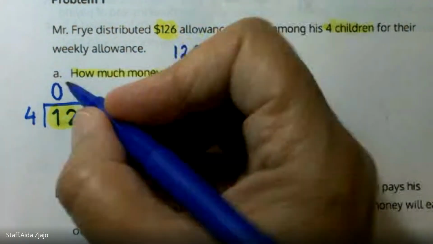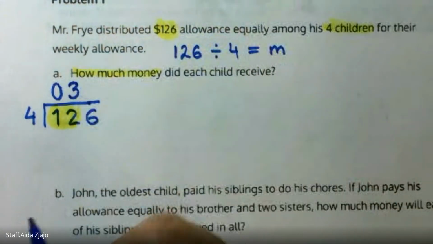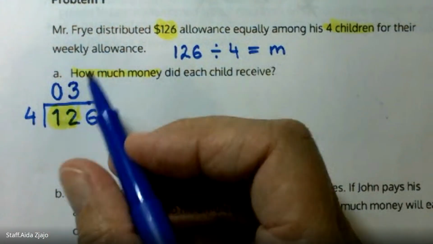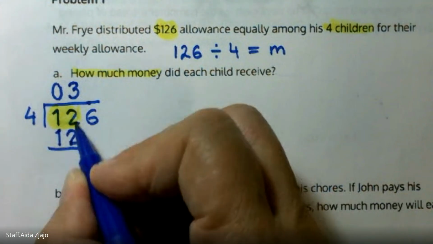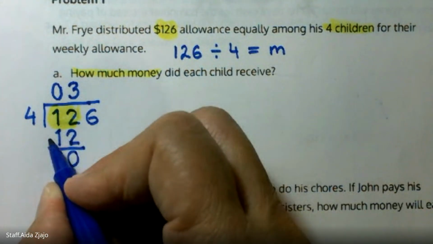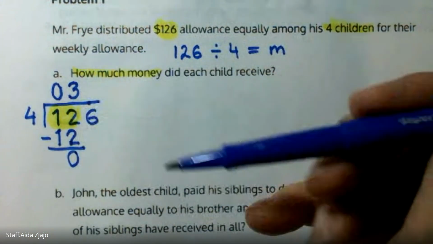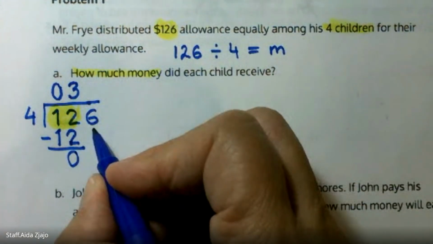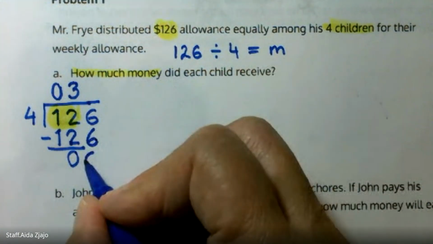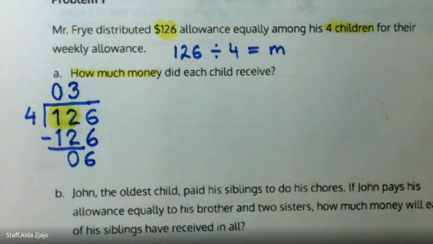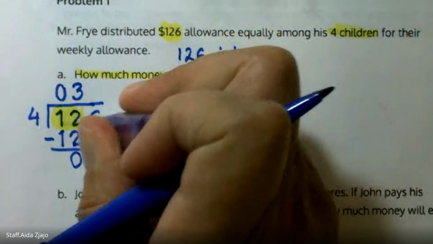So now he could give each of his children three $10 bills. 3 times 4 is 12. So he will distribute all the tens, and he won't have anything but $6 to share.